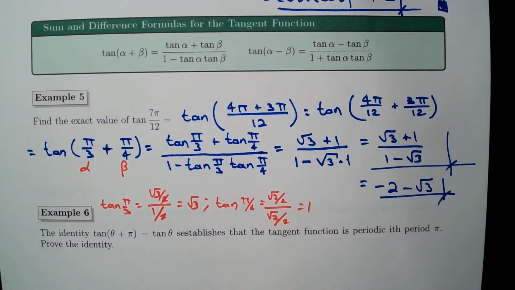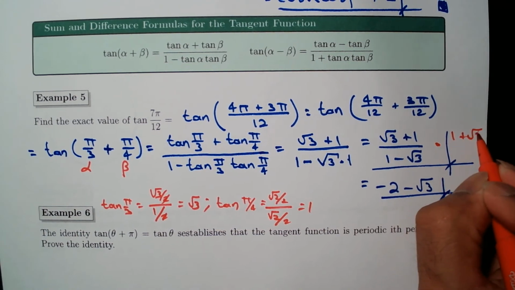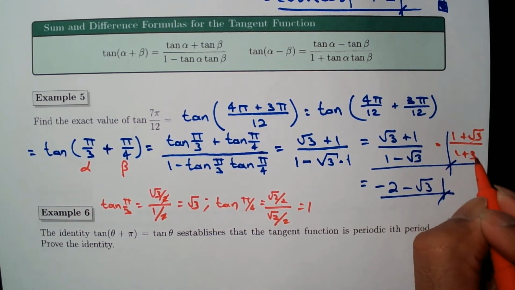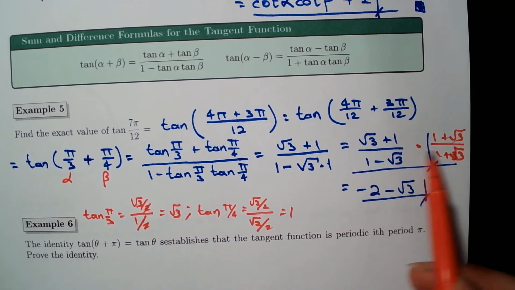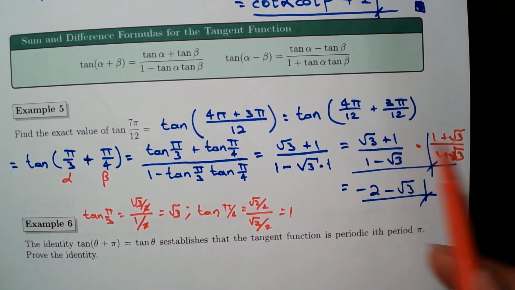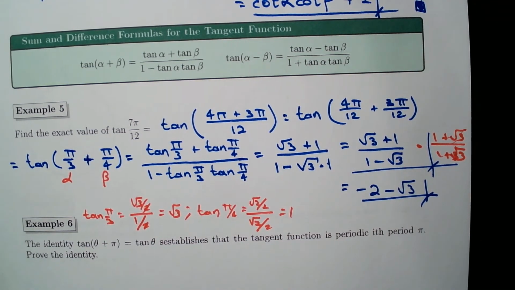To initiate that, you would multiply the numerator and the denominator by the conjugate of the denominator. Either way is fine. Okay, let's keep moving on.